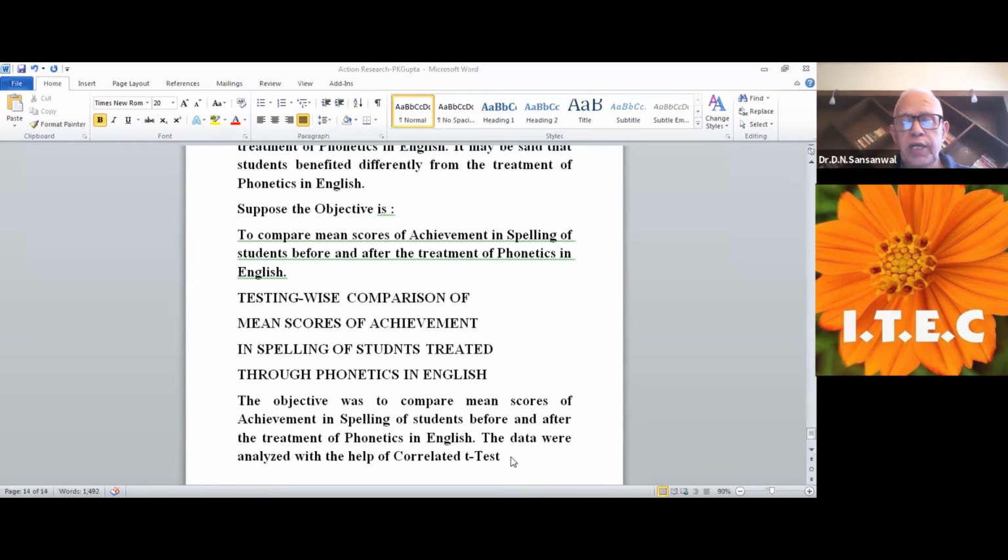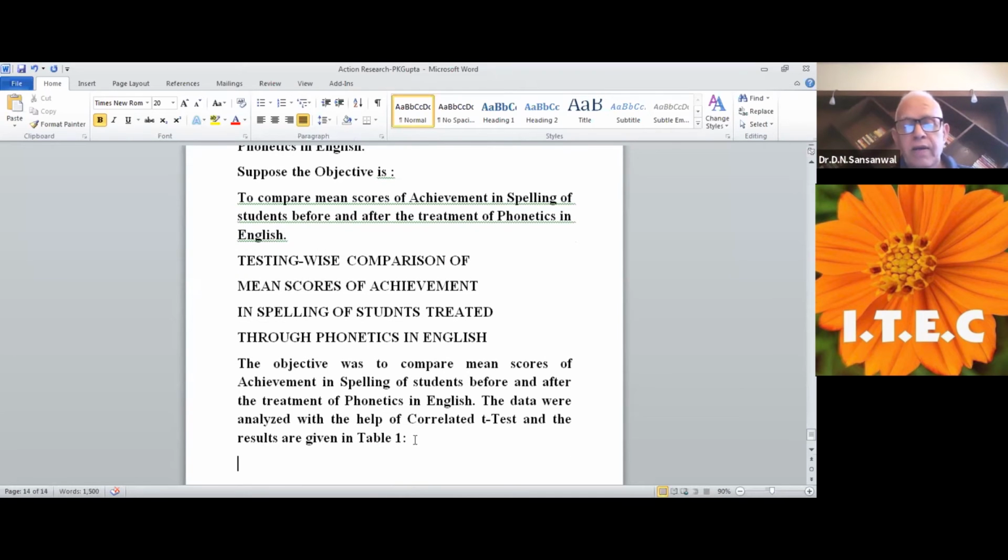Okay, so correlated t-test, and the results are given in table 1. And here I give the table.